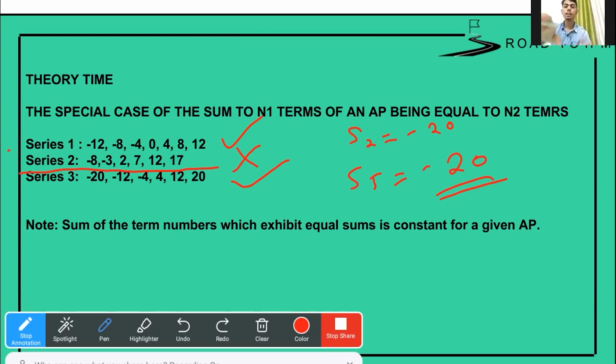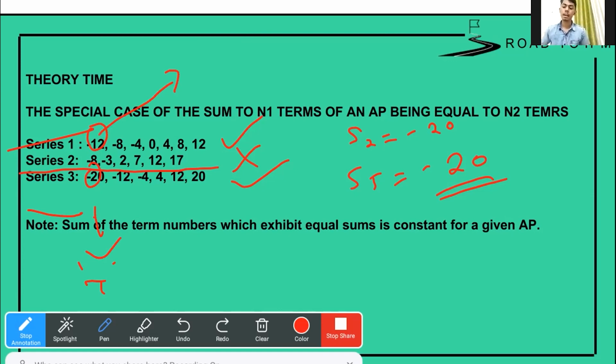You can see that they start with a negative number if they are increasing, and I've not mentioned the case when a decreasing AP happens. If it is a decreasing AP, or if D is a negative number, the first term has to be positive. In the case here, D is 4, it is positive, so the starting term would be a negative number.